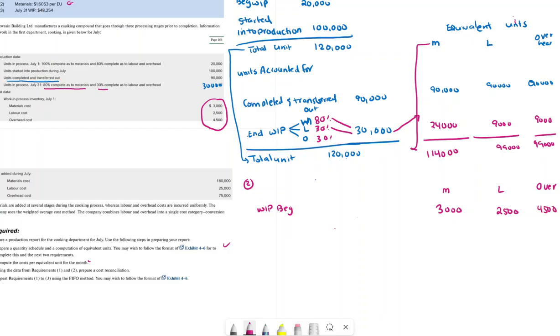If I add everything together, that will give me total cost, $10,000. Then we have the cost added during the period.